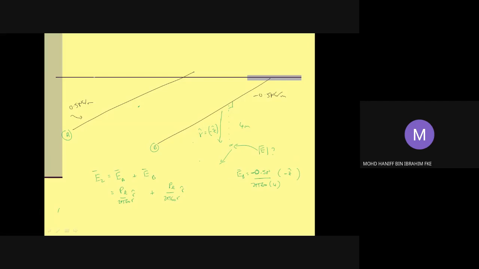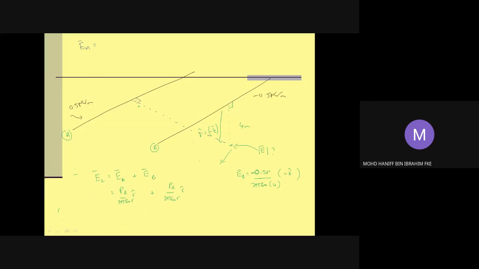Okay, about the EA. The EA is due to a positive line charge. So basically, we can project that radial distance from this line charge to the point of interest down here. That should be your radial distance.